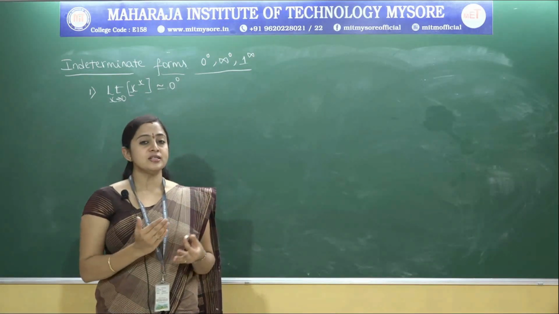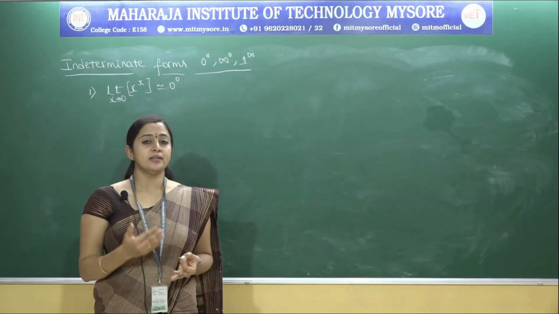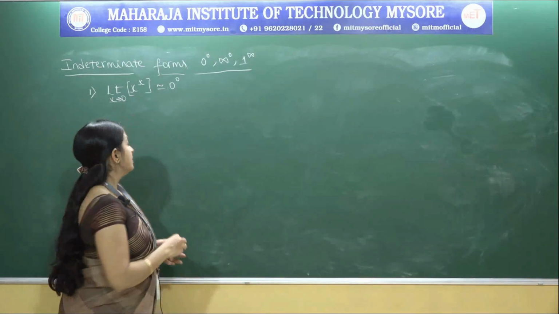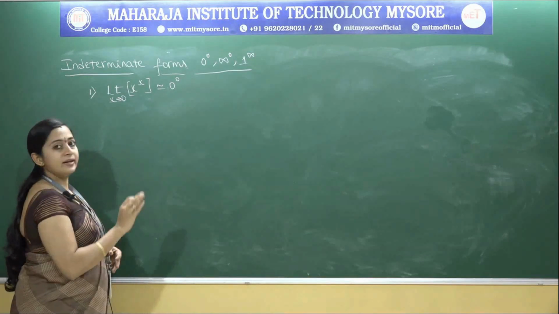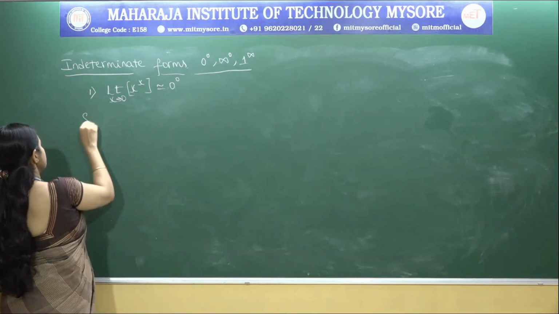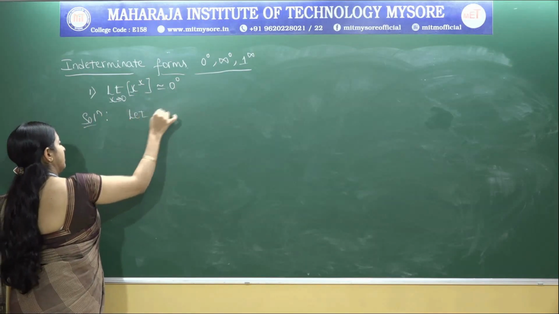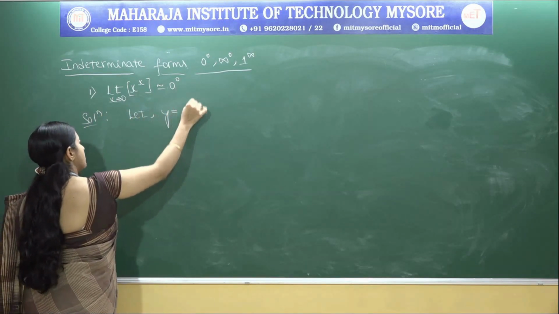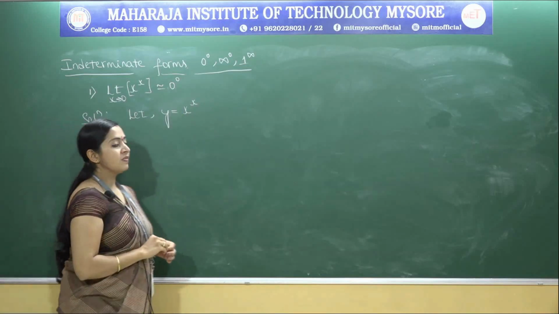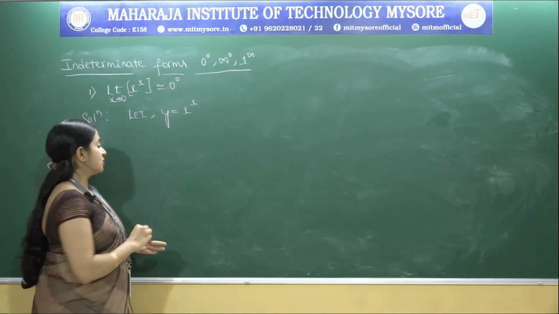First you consider the given term as y, then apply the log, then you can solve the term. So to solve this problem, let y equals x power x. Then apply the log on both sides.